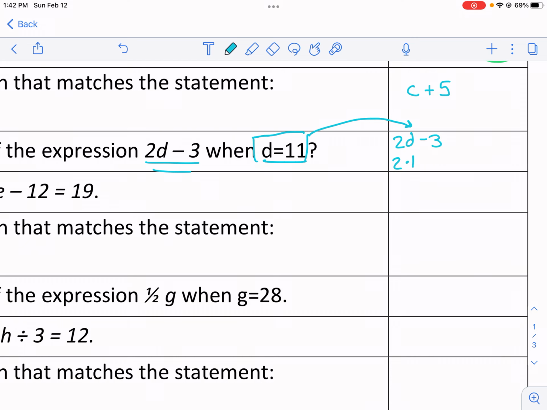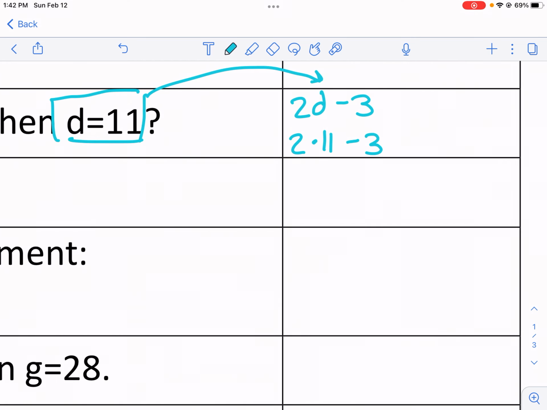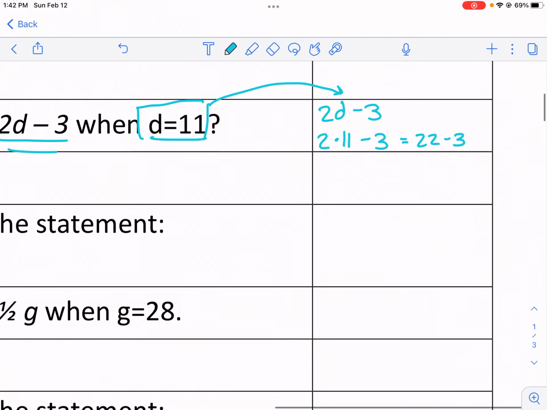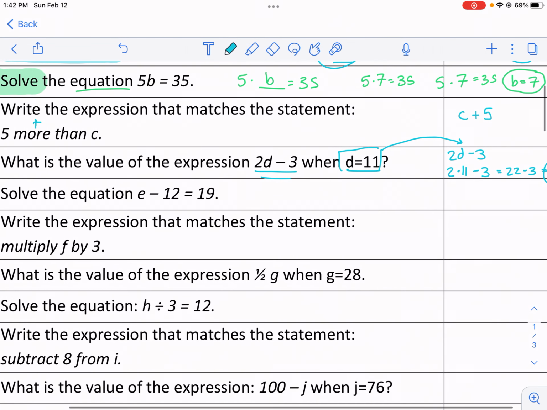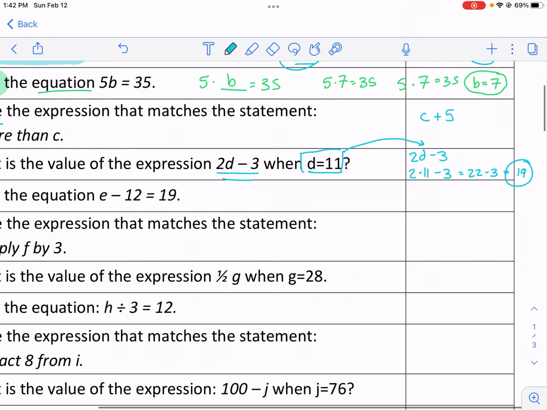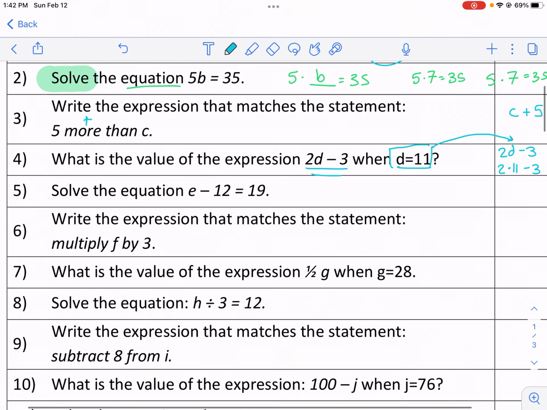So I have 2 times 11 minus 3. Be careful here. You need to do order of operations. That means multiplication first. That means I do 2 times 11. That's 22. And then I'm going to subtract 3. So 22 minus 3, that gives me 19. That is the value. We just evaluated it, okay, of the expression. We don't solve expressions. We evaluate them.